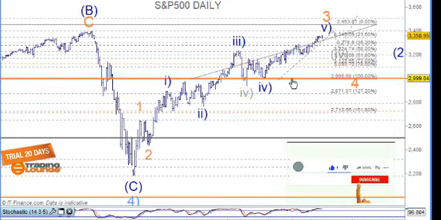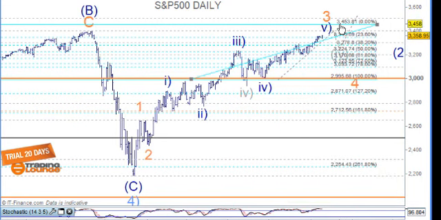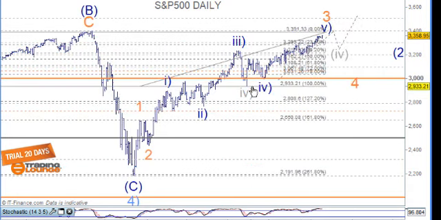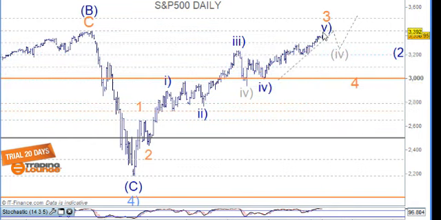If I took it from this low, that would take us up to 3,453. And if I took it from this low here, that's going to take us to the 34 here. So I think it was interesting that all of these legs are pretty much exactly the same distance. It's just a way of looking for the two target areas up here.